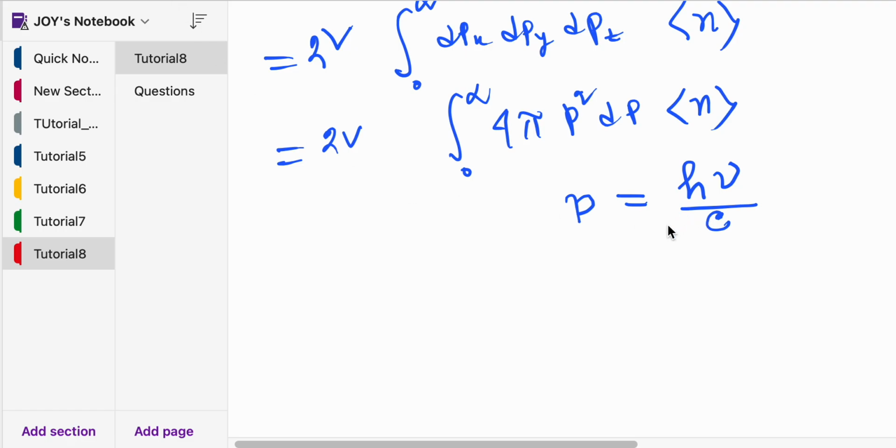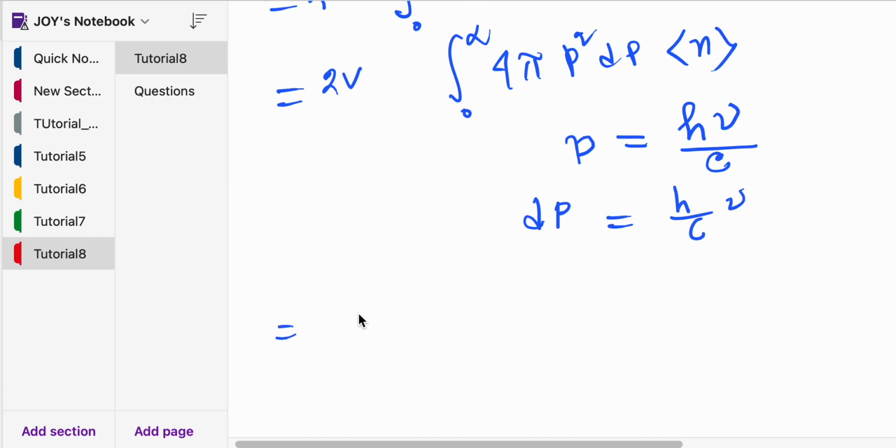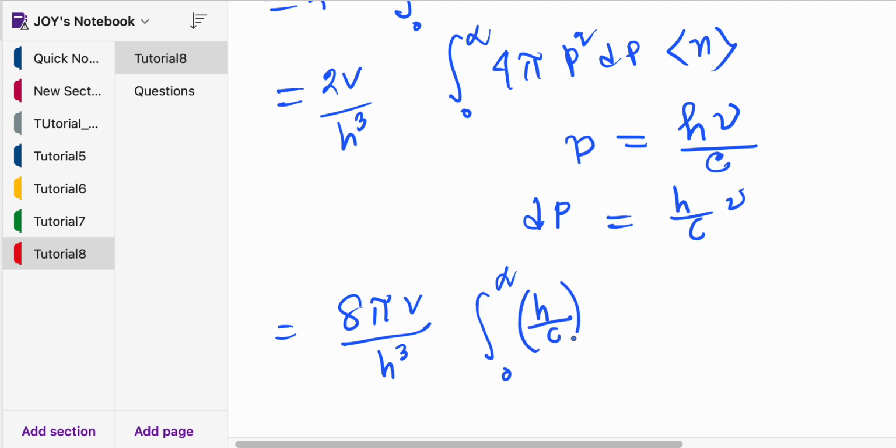So momentum, we know p equals h nu by c. So what is dp? dp will be h by c d nu, so that means 8 pi V by h cube, integral from 0 to infinity, h by c cubed, nu square d nu n.